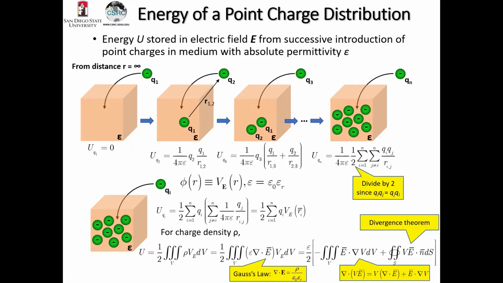So it's modeling CO2 injection in the water, which deprotonates and forms charged ions. We're introducing those charged ions into a solvent, and we want to compute the energy being stored as we solvate those ions in the solution. We can model this by successively introducing charges into the medium. You start out with a medium with 0 energy, and you introduce a charge.